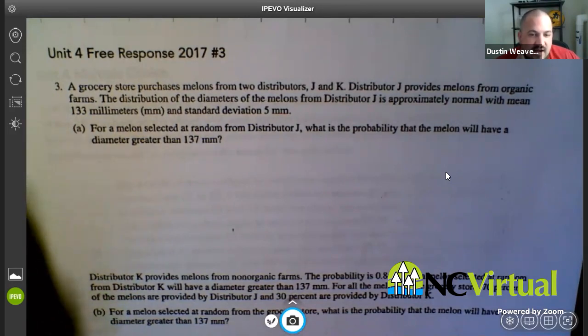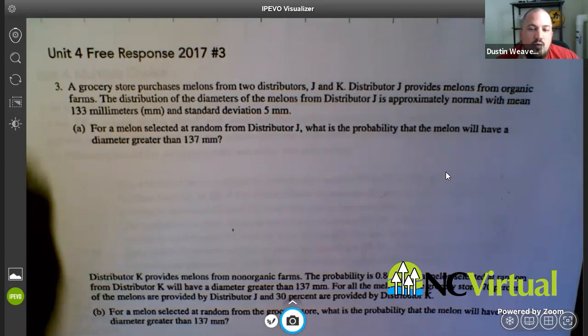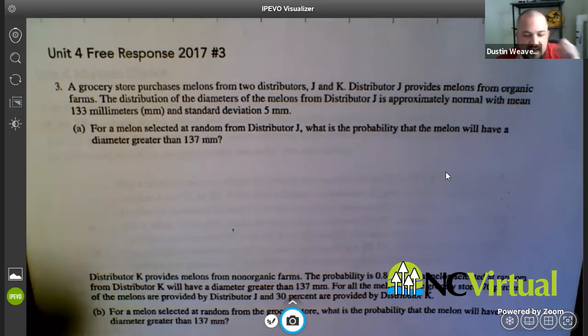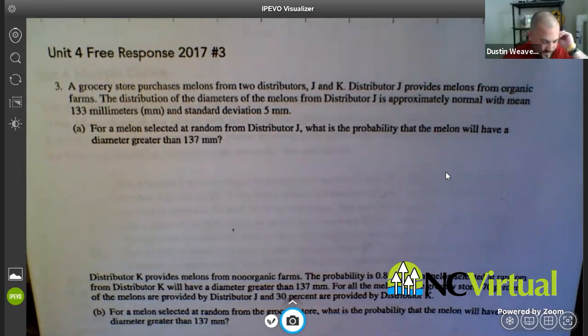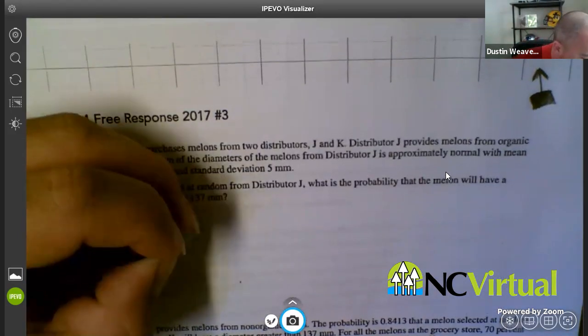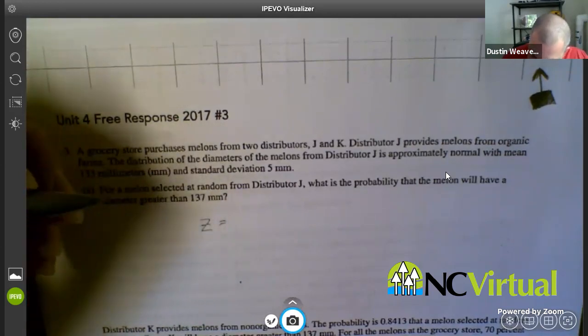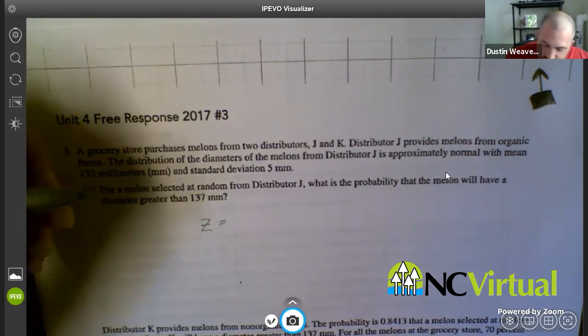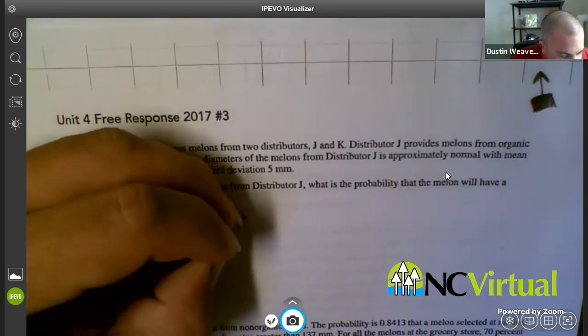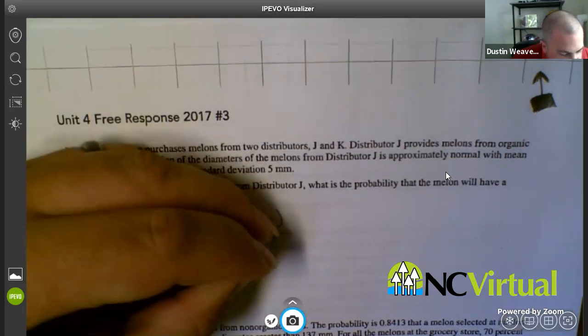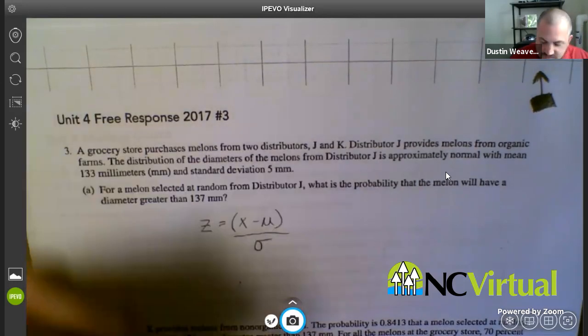For a melon selected at random from distributor J, what is the probability that the melon will have a diameter greater than 137? Okay, so as we go through part A, we know it's approximately normal, so we can use a z-score. So z equals x minus the mean divided by the standard deviation.